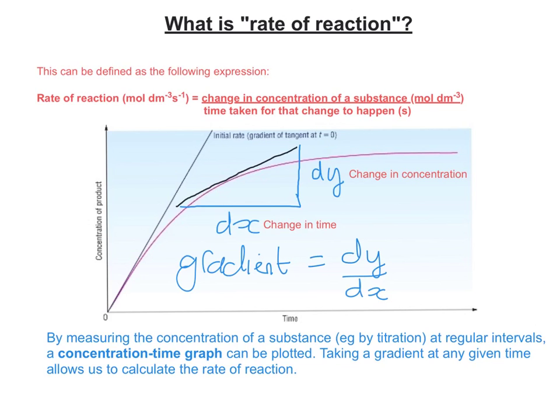So this isn't the only type of graph you might get. This is obviously a graph that's charting the concentration of a product because its concentration is increasing as time goes on.